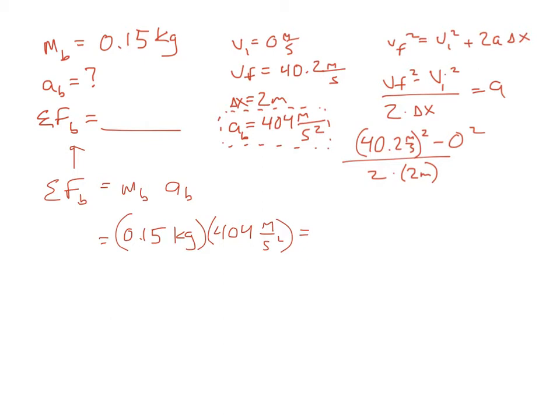And that gives us a net force on the ball of 60.6 newtons. Now remember, a newton is about a quarter of a pound, so if we were to divide that by 4, that means there's about 15 pounds of force that are applied to that ball right there.